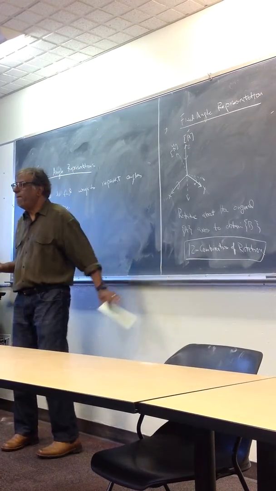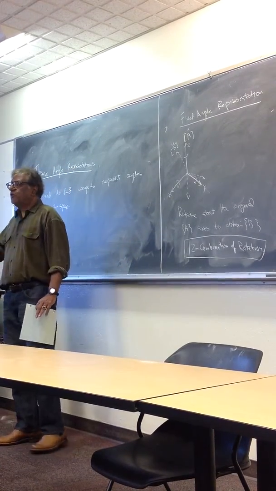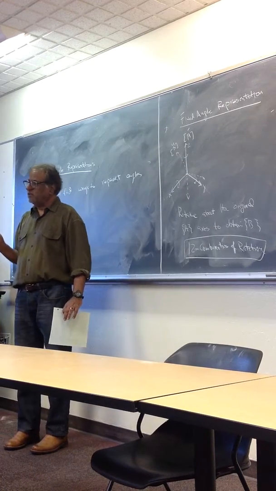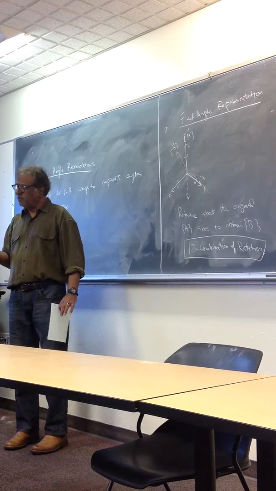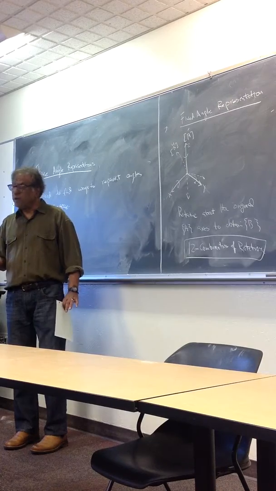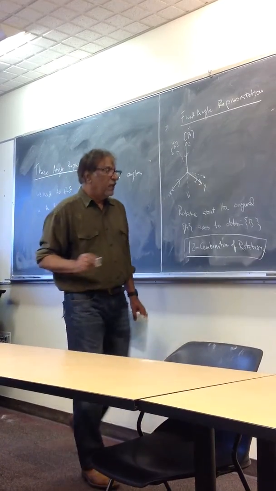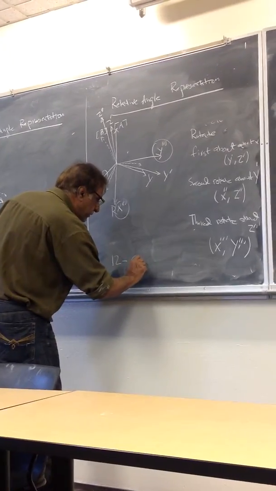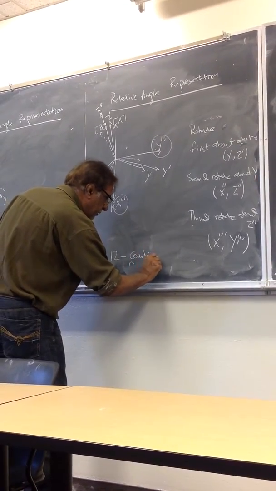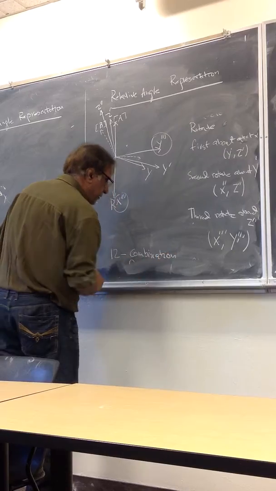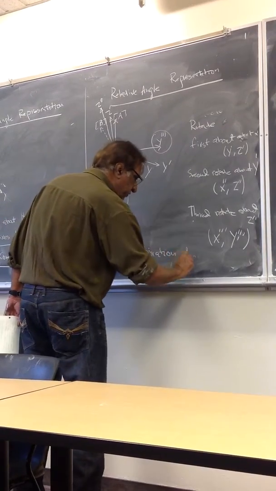Is it 12 rotations or is it 12 movements? 12 combinations of rotations. Combinations. We're talking about combinations, right? And then here you can also have 12 combinations of rotations.